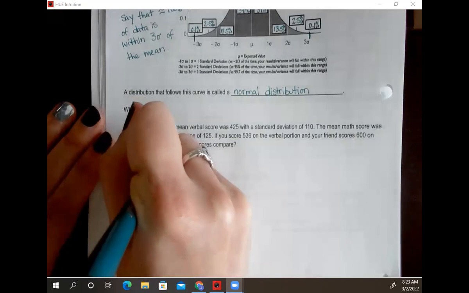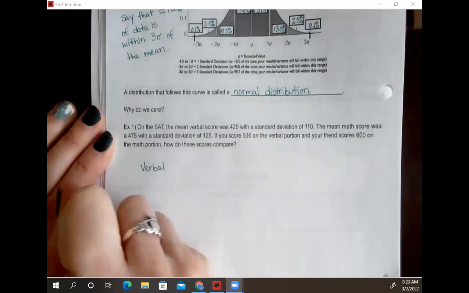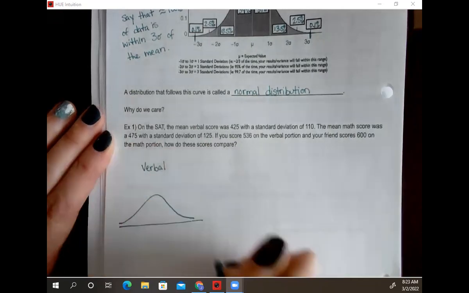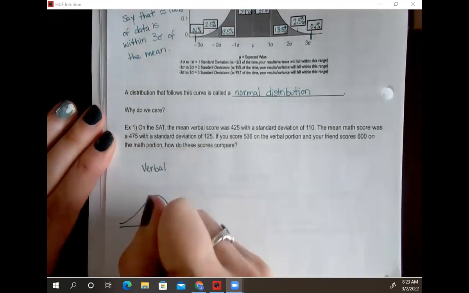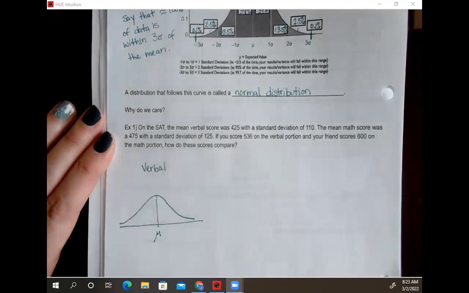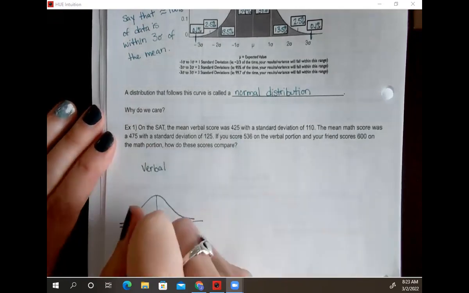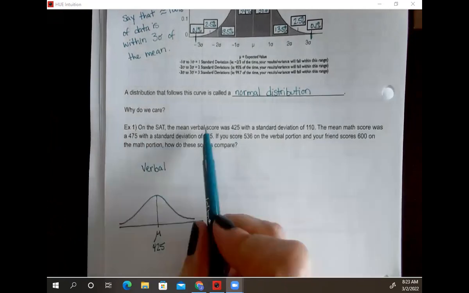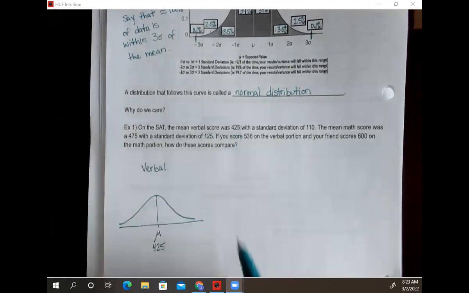So for our verbal score, I'm going to draw a little curve here. Remember, the mean goes in the middle, and the mean for our verbal score was 425. So the average for all the scores for everybody who took this test was 425, and our standard deviation was 110.